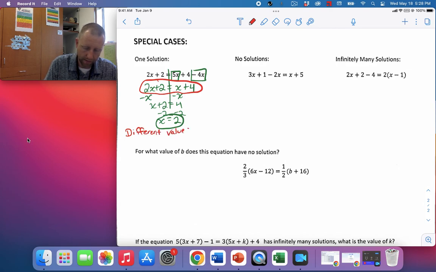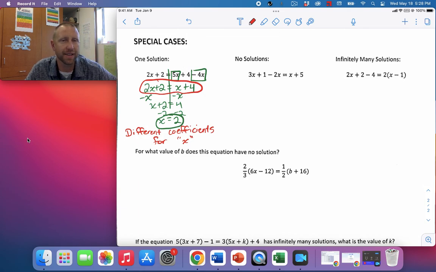That's how you know you have different coefficients, those are the numbers in front of x. Those numbers were different. On the right-hand side, it was 1 when we simplified that, and on the left-hand side, it was 2, okay? For the no solutions, again, it's not simplified, so let's simplify it first.